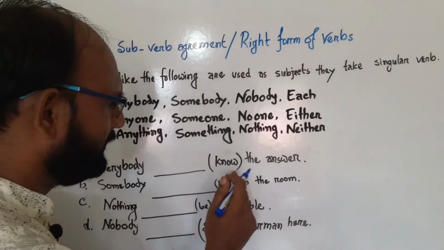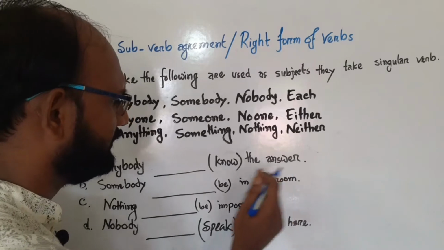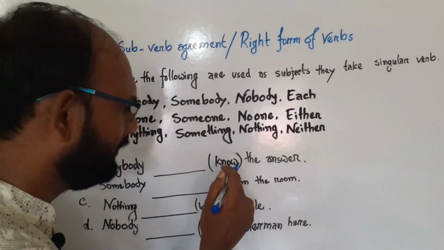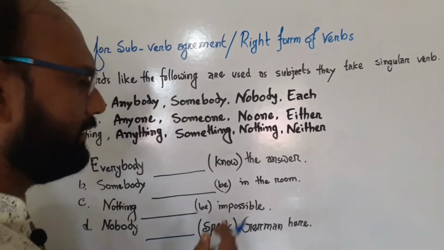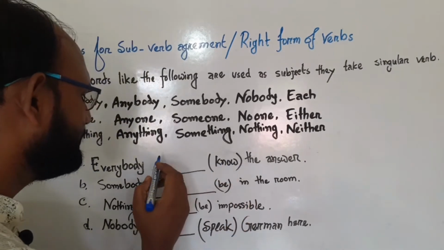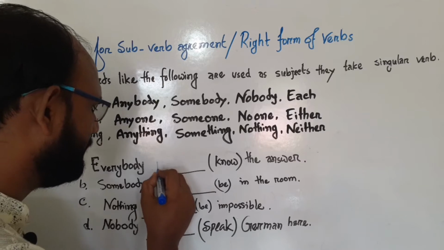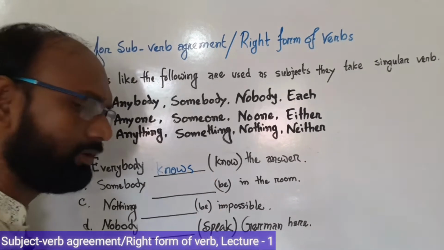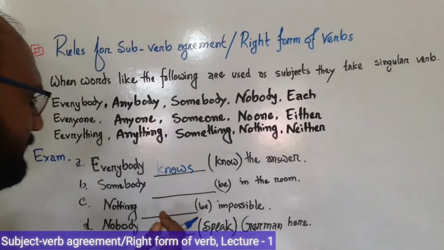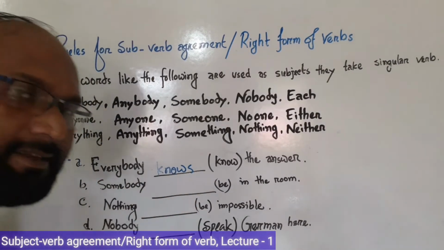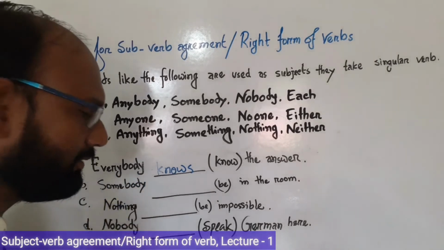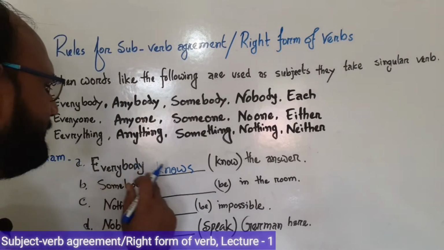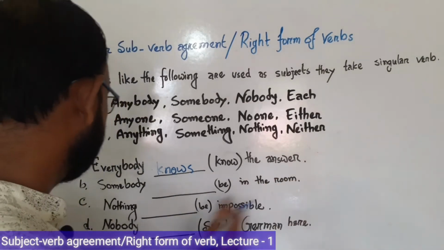Everybody dash the answer. In the bracket the word given is know. Now we will write the singular form of the verb: knows. This is a singular verb because the subject is singular. If the subject is singular, the verb is singular. Everybody knows the answer.